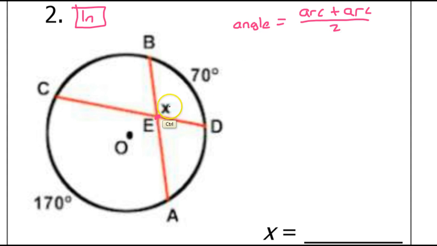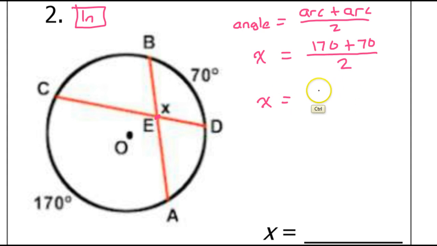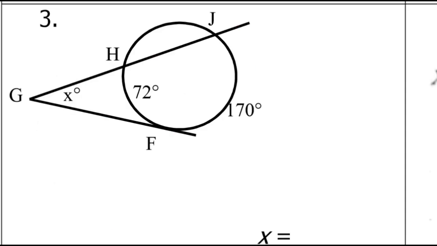The angle is what we are looking for, so x is equal to, and the two arcs are 170 and 70, divided by 2. So x is equal to 240 divided by 2, so x is equal to 120 degrees.